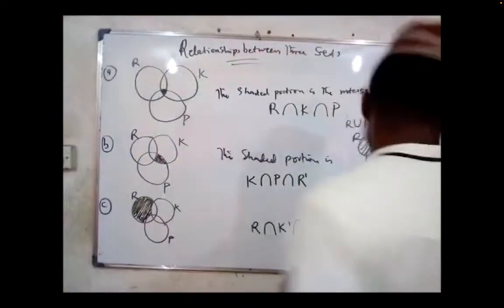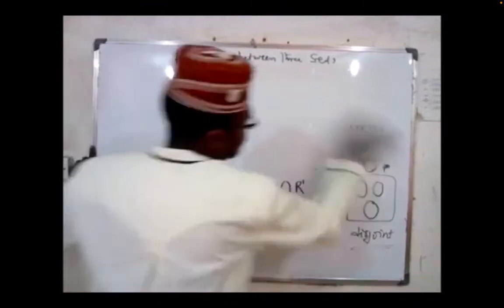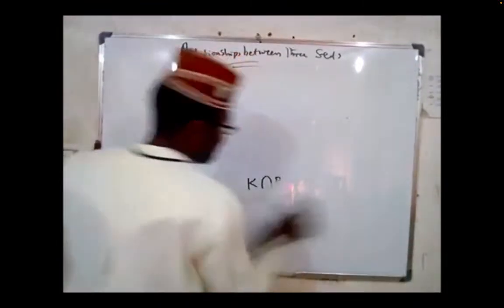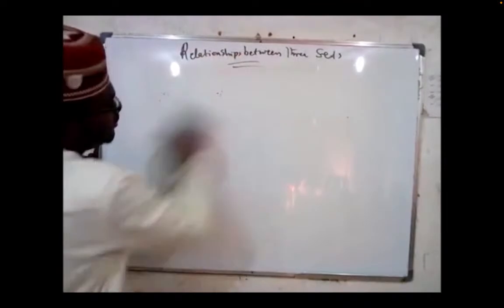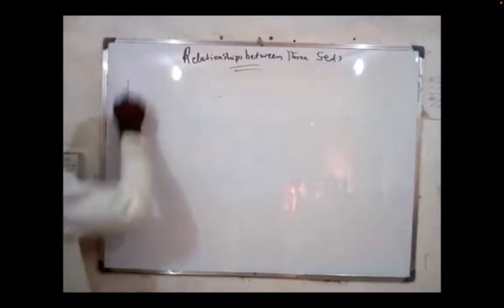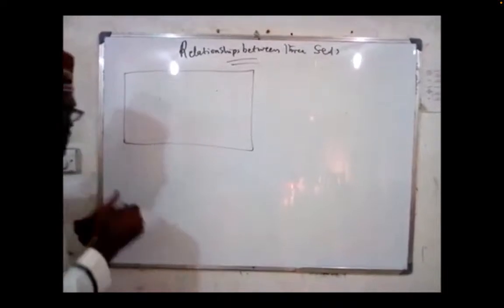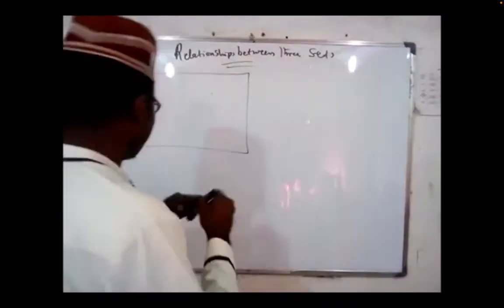Now, before we move on to the example, I want to represent two sets and three sets, and you're going to tell me where and how to label each. Are we looking? This is the first one. Is that clear?